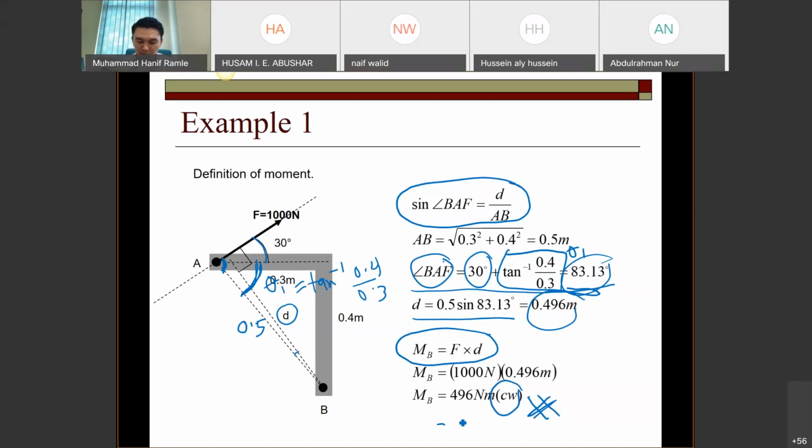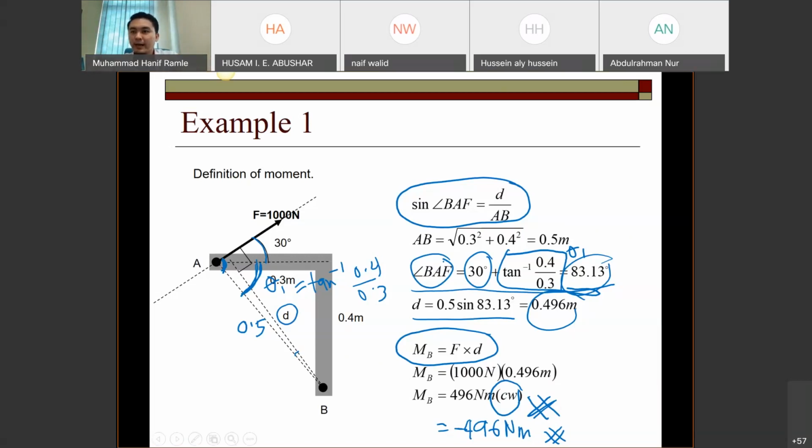If you do not put CW, you have to put the negative value there. Doctor, I don't know how to state if it's counterclockwise. How do you identify whether it is clockwise or counterclockwise? Great question, I like this.